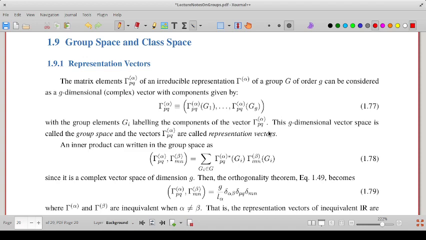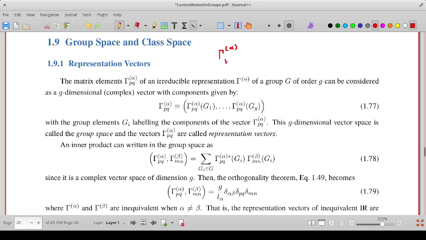Now we can attach a geometrical meaning to the orthogonality theorems of representation matrices and the characters. To see that, we first note that the orthogonality theorem for the representation matrices has the following form. We will have the inequivalent irreducible representations gamma^alpha and gamma^beta.